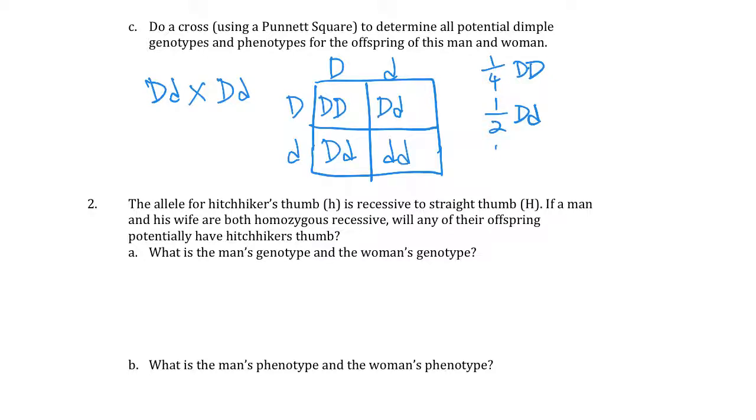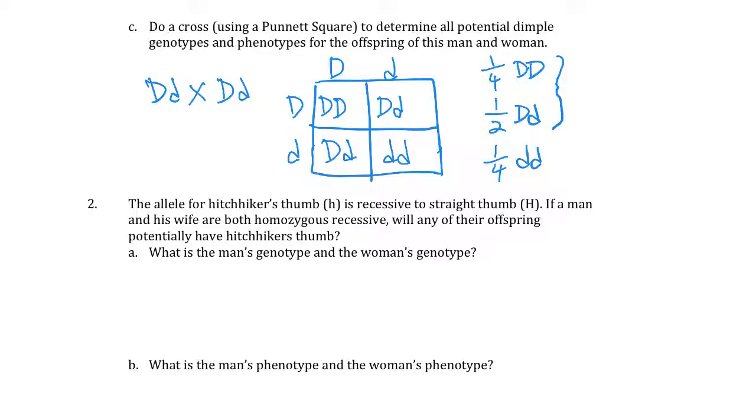And we have another quarter, the remaining quarter, of the two recessive alleles. And then we can also describe the phenotypes. Overall, these two genotypes would be the same phenotype. They will both be dimpled.